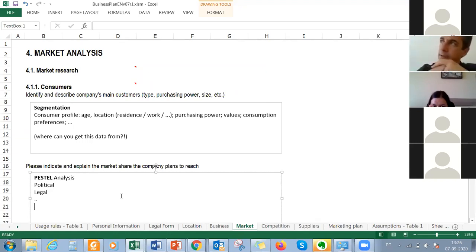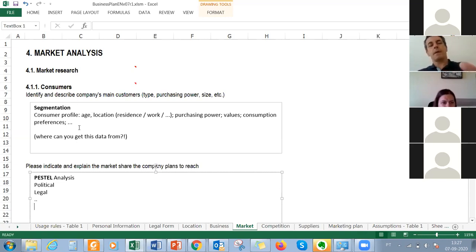where we can ask the students, or we can organize settings for promoting the thinking about what is the role of different possibilities that could appear, in terms of political issues, legal issues, environmental issues that could influence the development of our business.